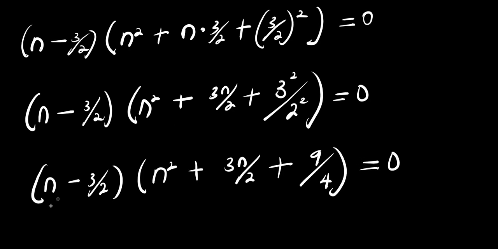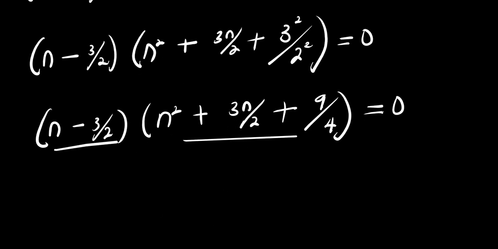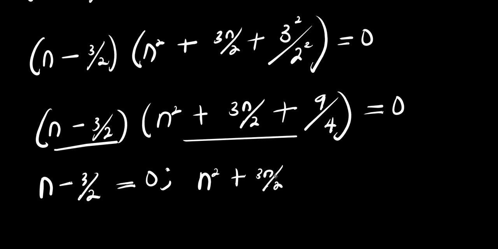So we can equate each of these to 0. I have n minus 3 over 2 equals 0. I also have n squared plus 3n divided by 2 plus 9 over 4 equals 0.